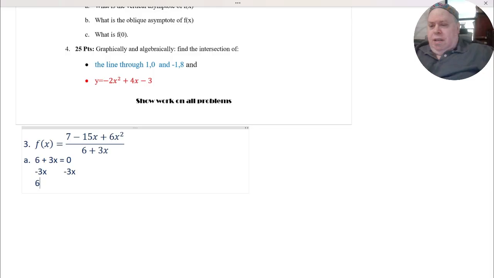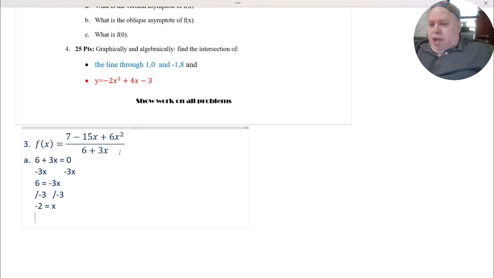We get 6 equals minus 3x. And then we divide both sides by minus 3 to get minus 2 equals x.